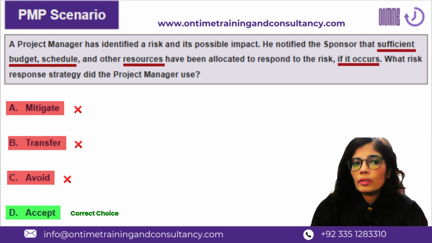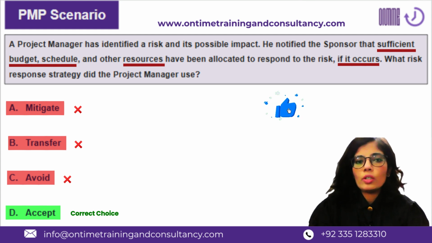You are going to show your tolerance towards that risk, and you are going to take care of it after that risk, in case of threat, becomes an issue, or in case of opportunity, becomes a lost opportunity. After that, you are going to fix it, but not in a proactive manner.